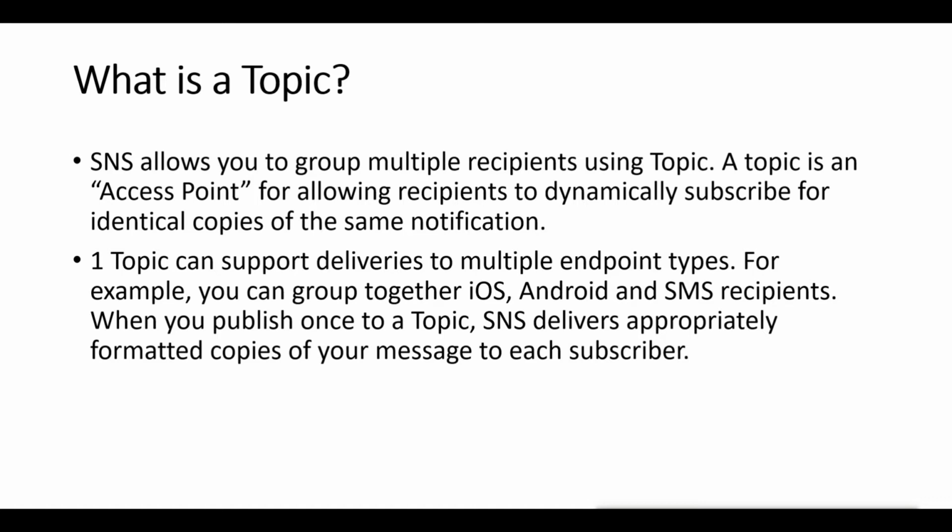So one topic can support deliveries to multiple endpoints. For example, you can group together iOS, Android, and SMS recipients. When you publish once to a topic, SNS delivers appropriately formatted copies of your message to each subscriber.